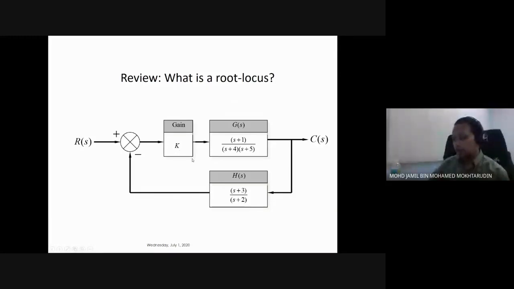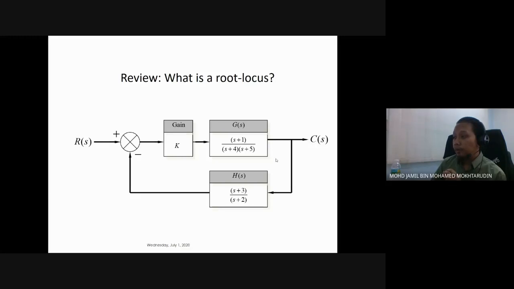But for root locus, the difference is that when you vary the value of K, let's say from 0 to infinity, then the poles of the transfer function will change according to the gain K. How the value of poles changes with gain K can be represented by using root locus.